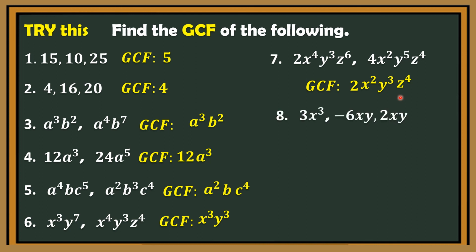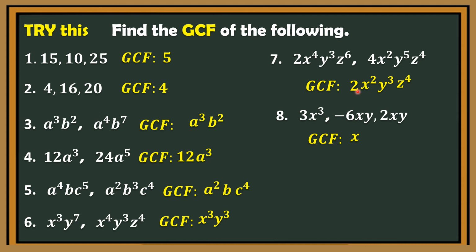Number 8. Greatest common factor? There is no greatest common factor for 3, negative 6, and positive 2. So let's go to x. What is the greatest common factor?